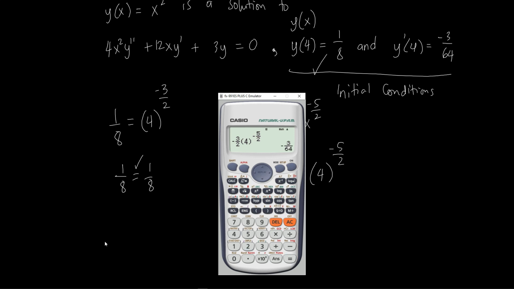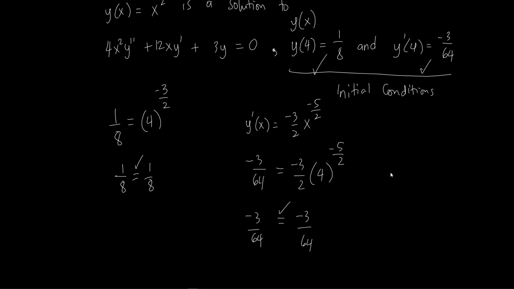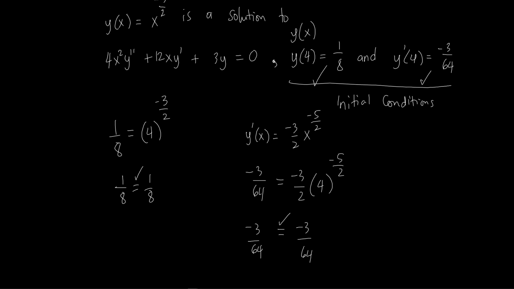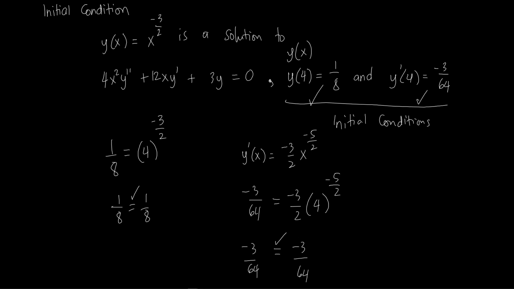Equal natin. That is negative 3 over 64. So, nasatisfy natin yung initial conditions na binigay niya, then we can say that ito talaga yung hinahanap nating equation.